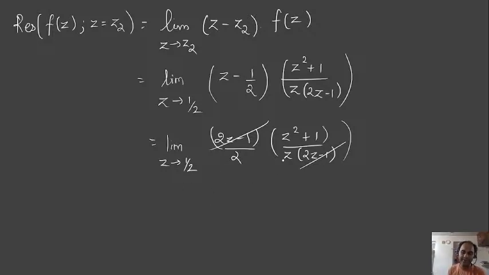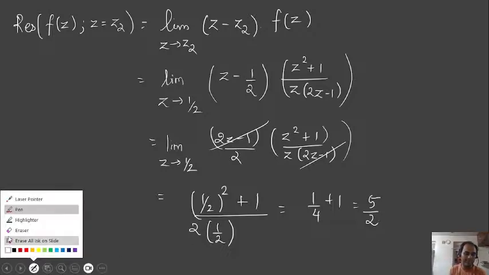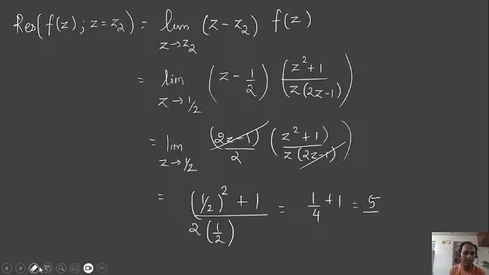Substitute here: we get ((1/2)^2 + 1) / (2 × 1/2), so you get 1/4 + 1, that is 5/4. So 5/4 is the answer.